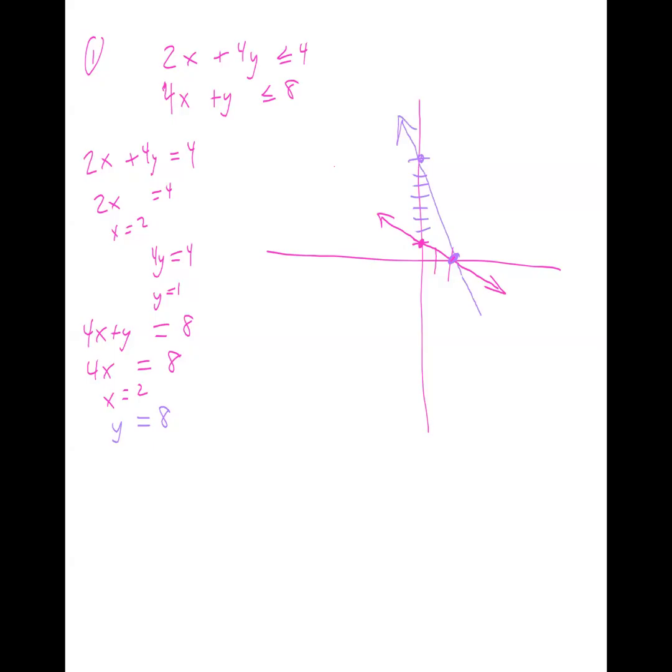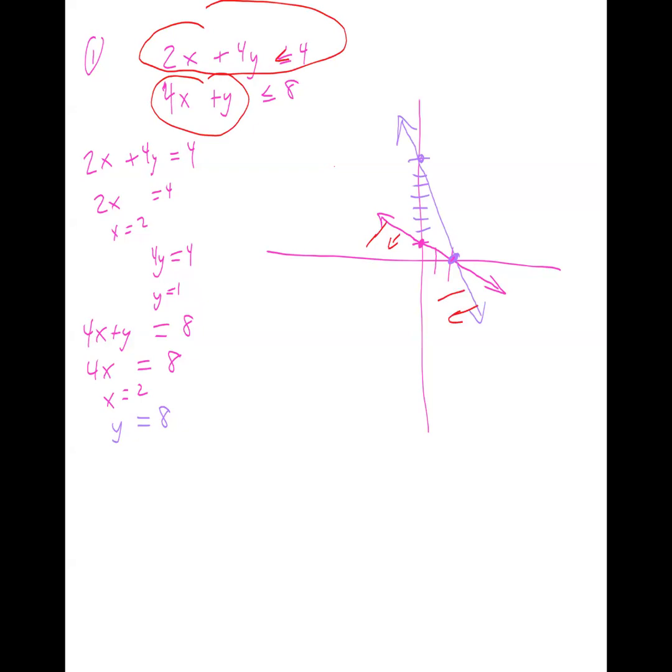Now, which way do you shade? So notice that the first inequality that we graphed, the y's are below that, so we're going to shade below and to the left of the pink line, that way. Then the other one is the same as well. Those y's are to the left and below of that line. So we're going to shade below the purple line as well.